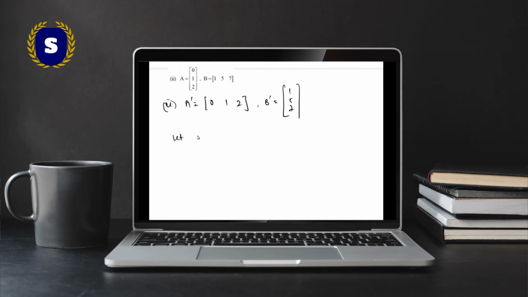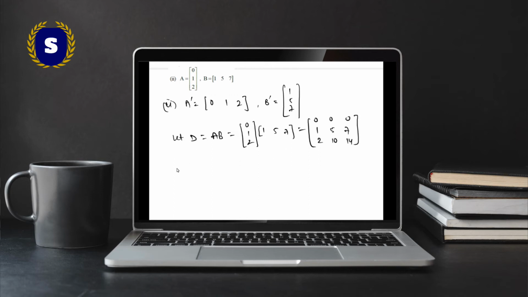Let us assume a matrix D which is equal to the product A dot B. The final resultant matrix would be 0, 0, 0, 1, 5, 7, 2, 10, 14.